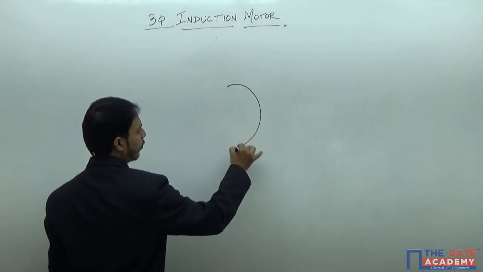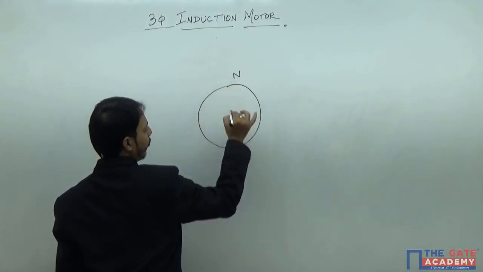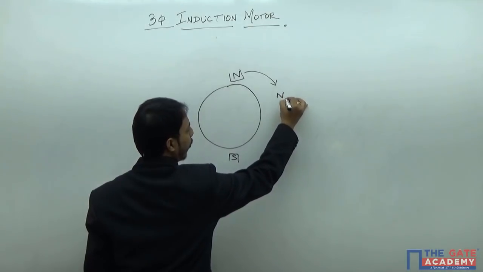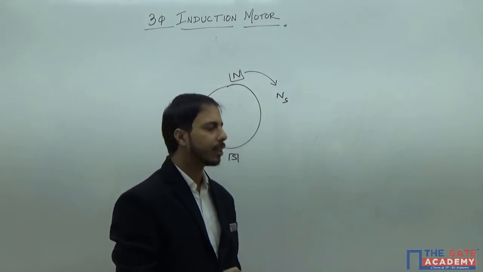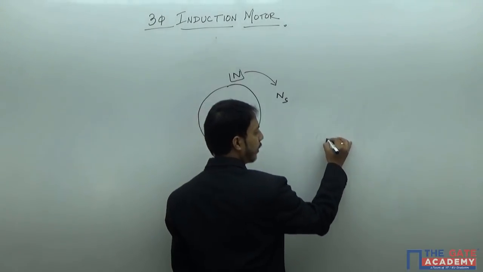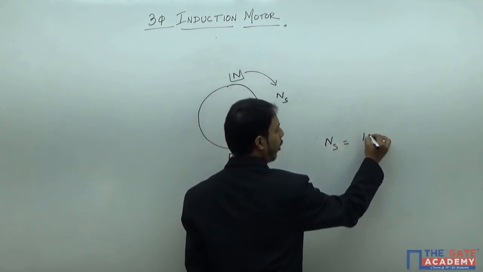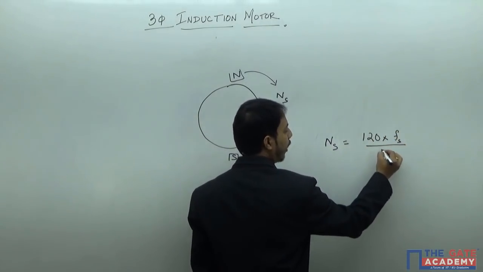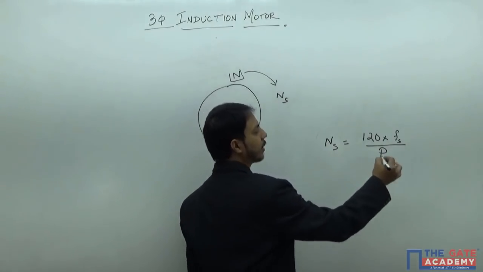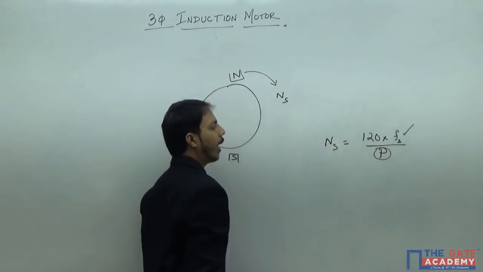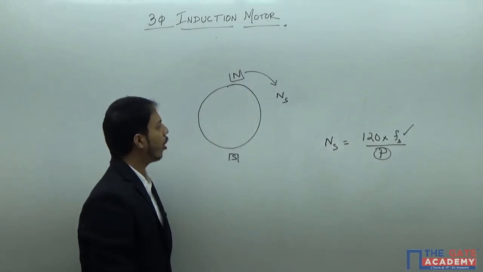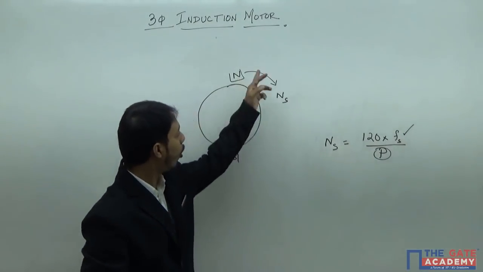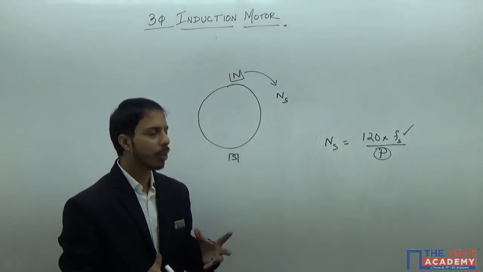Now let us see what is the difference between them. Let us say the rotating magnetic field is rotating with a speed which we call ns. This ns is nothing but the synchronous speed, and it can be calculated by the formula 120 times the supply frequency fs divided by the number of poles. The poles are those for which the stator is wound, so the number of poles depends on how the stator winding is done.